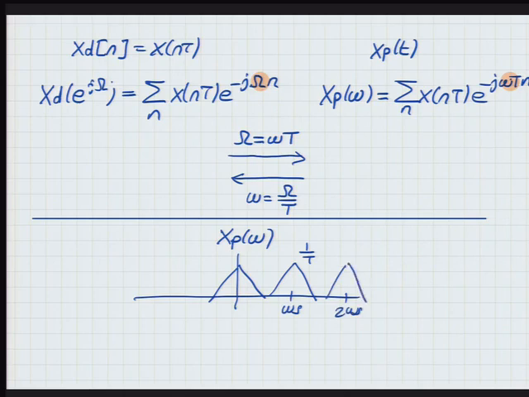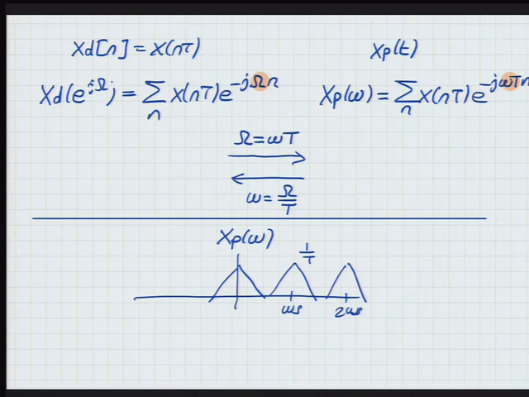Okay? So if I combine these two observations, observation 1 is that the CTFT and DTFT of the sampled signal are related. And the second observation is that XP, the CTFT, looks like this, right?